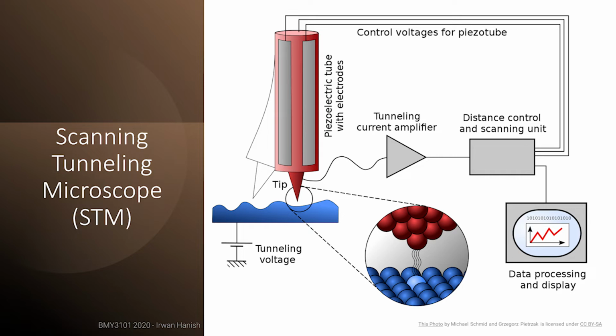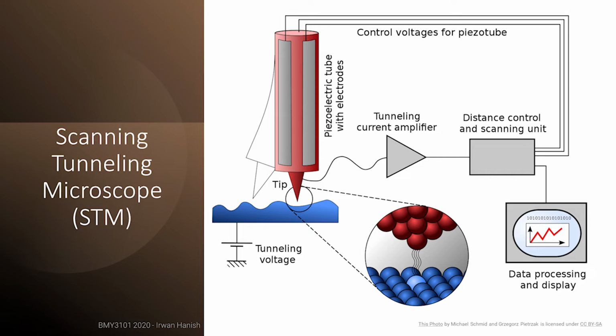Now, we can set this tunneling phenomenon to have a current, and we can use that current to sense the surface shape of the specimen. So when the current is stronger, it indicates that at that position, the specimen's surface is closer to the probe, like the peaks of mountains that are closer to the sky.